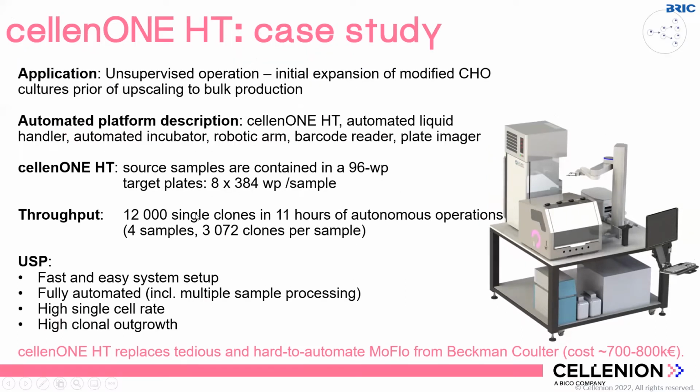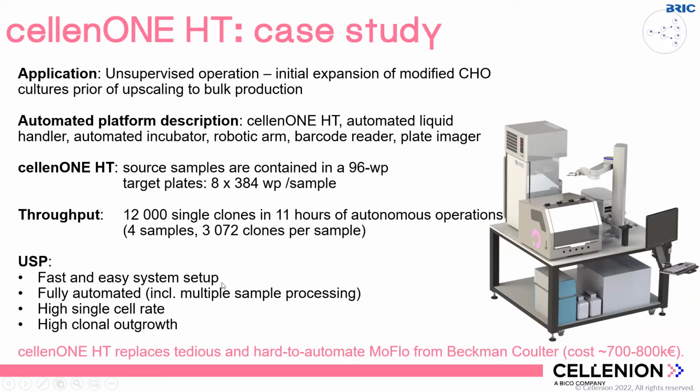To give you an example, with one of our customers, we are cloning 8 times 384 wells per sample, and they typically run 4 samples per night. This gives us, in the morning, 12,000 clones completely automatically and autonomously. So you don't need any operator to undertake that. So this is really a game changer.